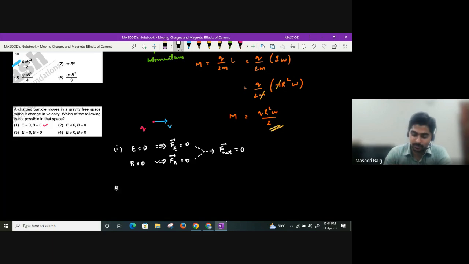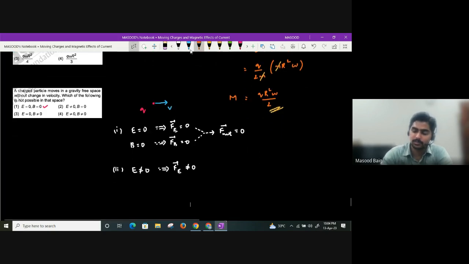Second case, if you see, the electric field is non-zero. So obviously, the electric force will also be non-zero, right? Now, the magnetic field is 0. If the magnetic field is 0, then automatically the magnetic force will also be 0.